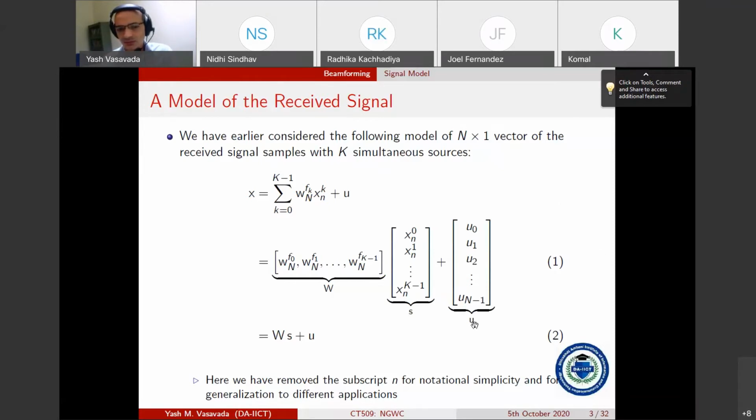What will be the dimension of S vector for 8-array PSK? Okay, Radhika is having some audio problem. Looks like Nemishi, it's your turn now. Are you there?